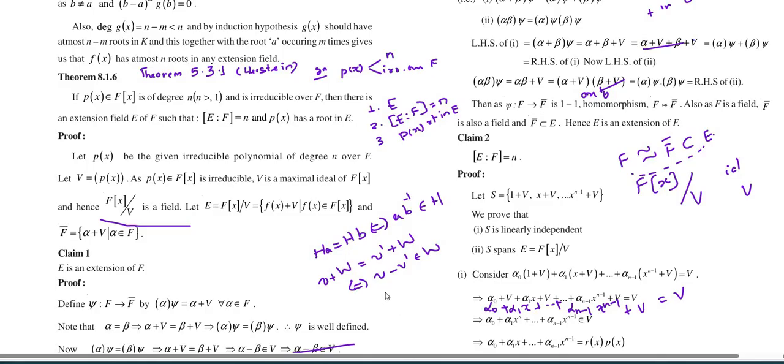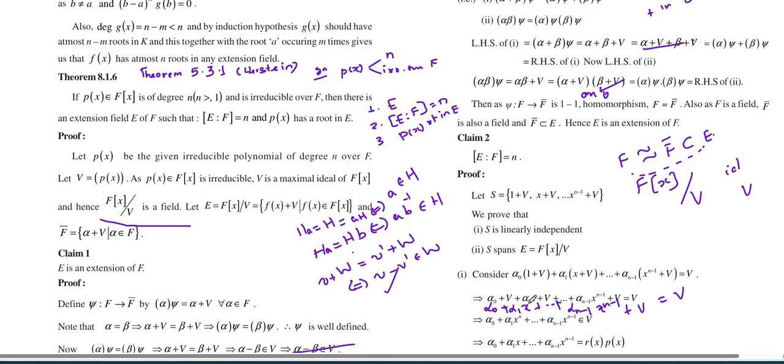Again, the same concept. So from which we have this element plus v equals v. See, we have a corollary to this, which states that Ha equals H, that is, aH equals H, if and only if a belongs to H. So it is based on that.